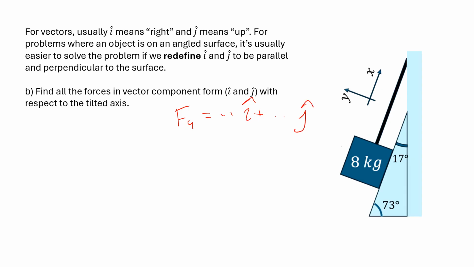And these i hat and j hat don't refer to right or left. They refer to parallel to this surface or perpendicular to that surface. That's what we're going to want as our answer at the end of the day: something i hat, something j hat for each of these forces.